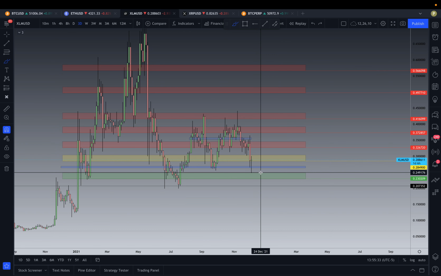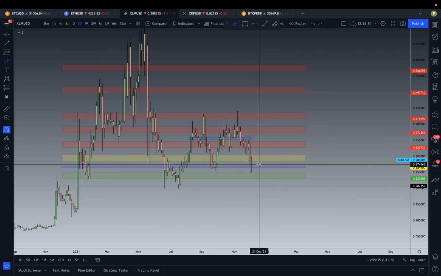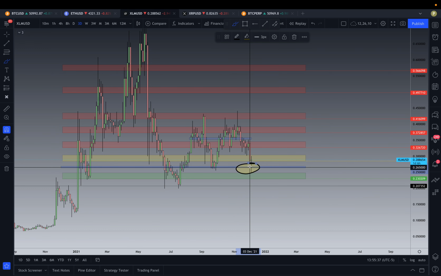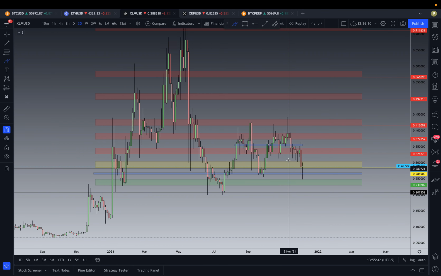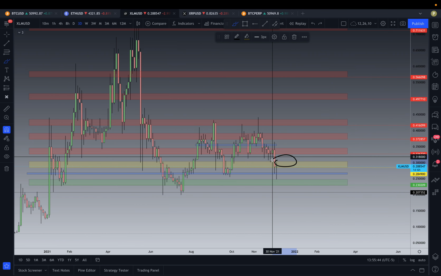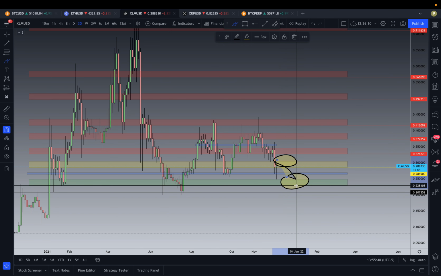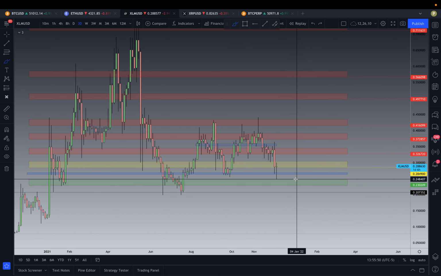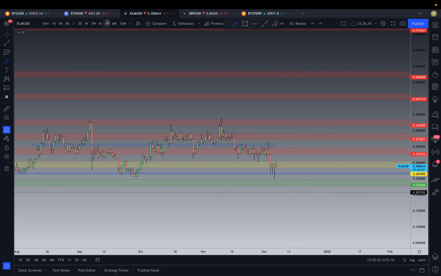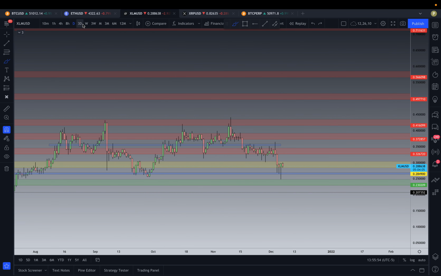So we saw a tap into 24.9 or 25 cents, but also this blue area is holding for now. Now, if that doesn't hold, right, if we manage to break from here, then we could see a full retest of this weekly level of 22 to 23. Okay, so that's what we're looking at for XLM.